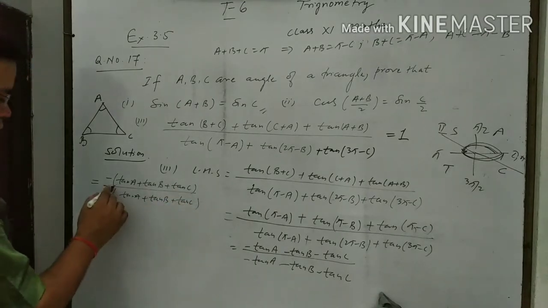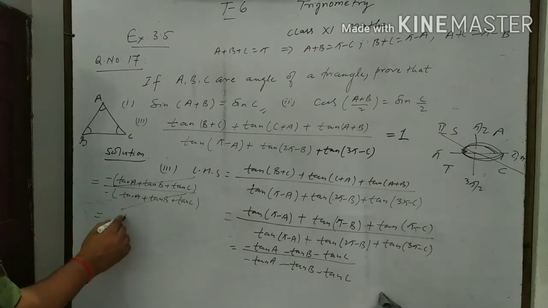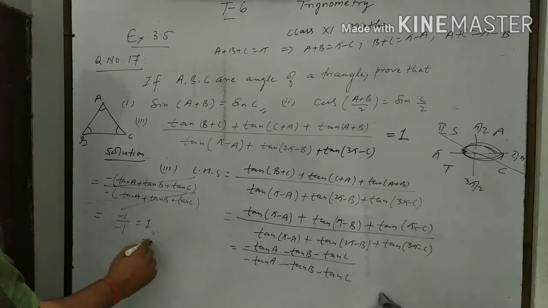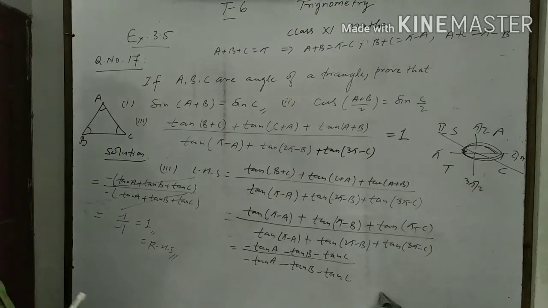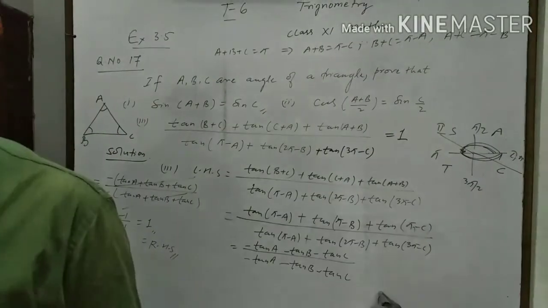Now this total cancels by this total, and its value will be minus 1 by minus 1, which is equal to 1, the right hand side. Proved. In this way we can prove question number 17. Now let us see the next question.